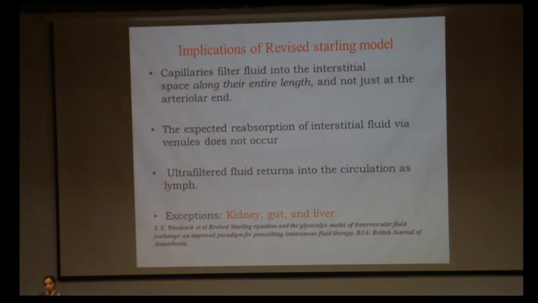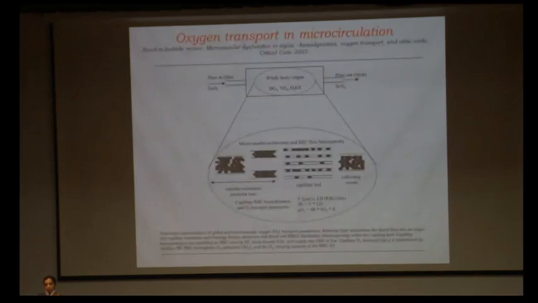And the ultra-filtered fluid which goes into the interstitial space is returned into the circulation as lymph. So the interstitial space is always drained by the lymph and it goes into the vessels, the cava. There are few exceptions to this rule, like the kidney, gut and liver, which have different microcirculations. That was the fluid part.